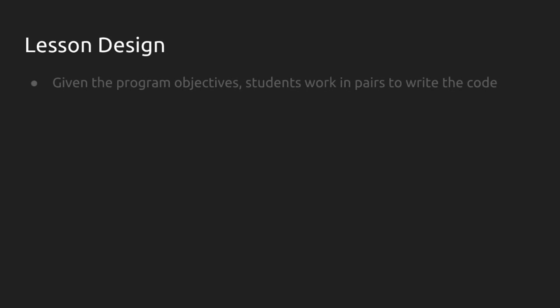So let's talk about lesson design. The code is actually fairly simple, but the instruction is where the rubber meets the road. So I would have students work in pairs to write the code, and the reason being that programming can often be a very frustrating exercise, but if they're working in pairs, they can kind of build on each other's successes and mitigate each other's failures.